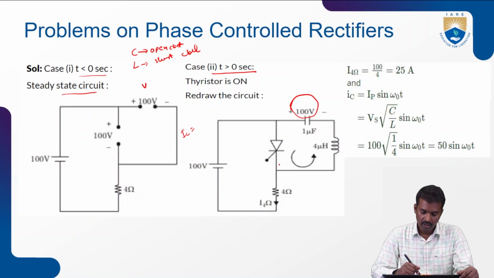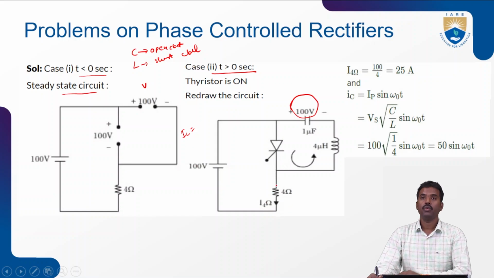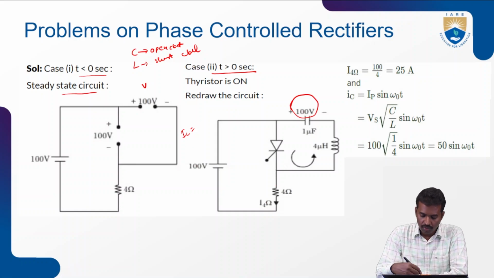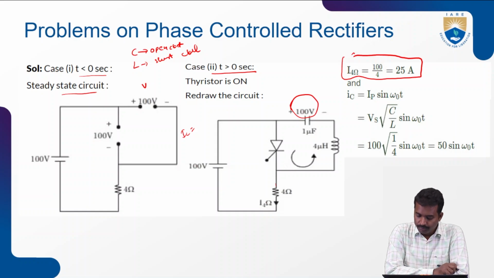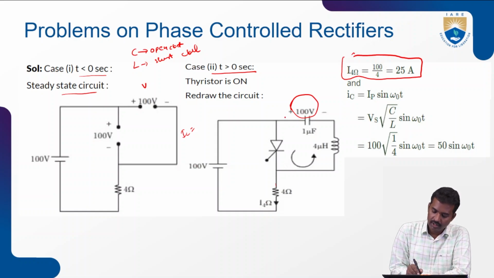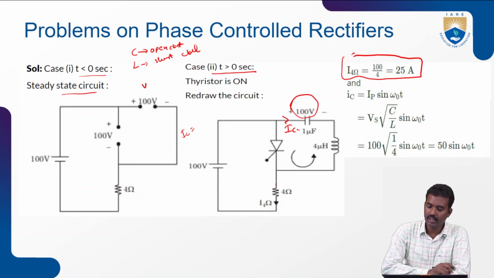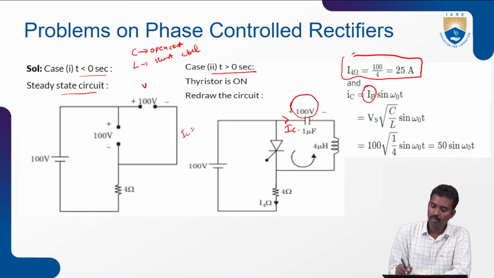1 microfarad, and this is the thyristor and the 4 ohm resistor. How will you calculate the 4 ohm current? It equals 100 by 4. Next, the capacitor current IC equals the supply voltage times the square root of C by L, times sine omega naught t.